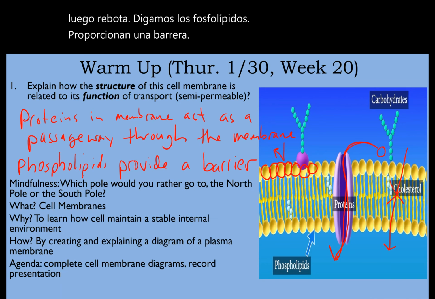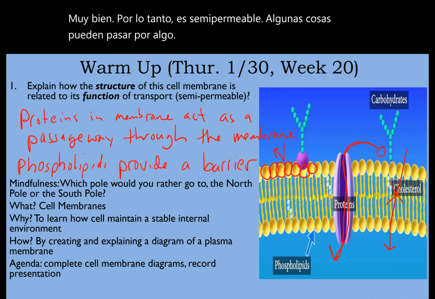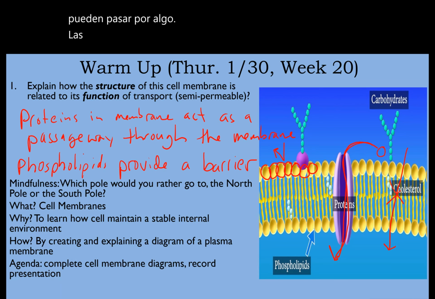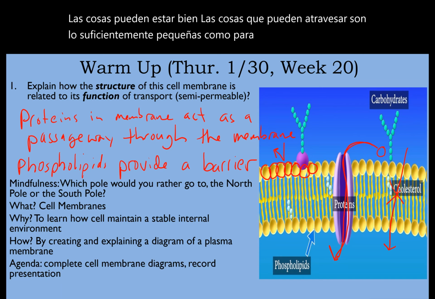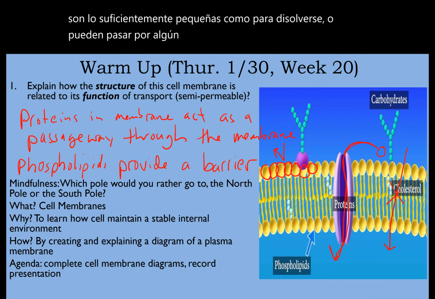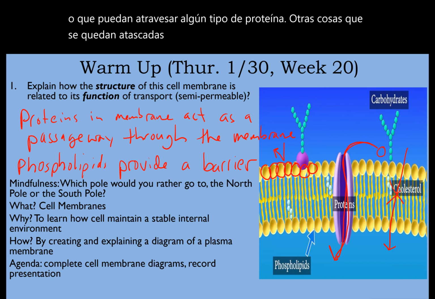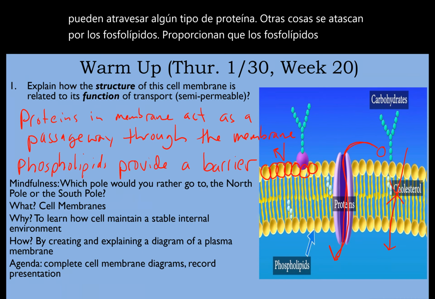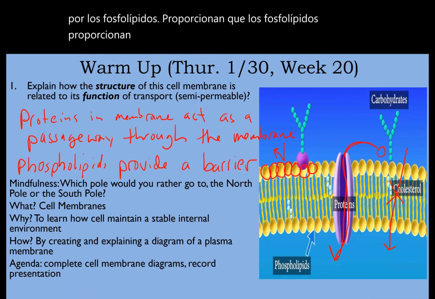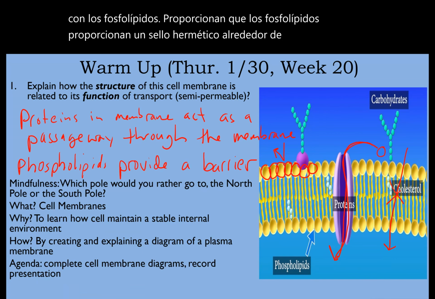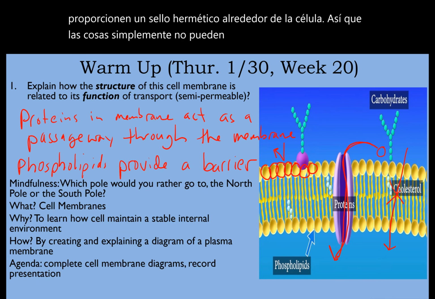All right, so it's semi-permeable. Some things can go through, some things can't. Things that can go through are either small enough to dissolve, or they can go through some kind of protein. Other things get stuck by the phospholipids. The phospholipids provide a watertight seal around the cell, so things just can't go in and out willy-nilly.